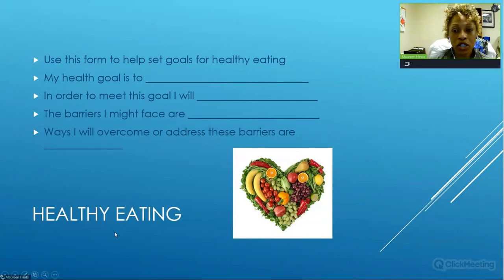Or I may want to make sure I'm home in time so that I can get that walk in before it's dark. Things of that sort. So think about not only setting that SMART goal, but looking at all the things that are necessary to make that goal successful.